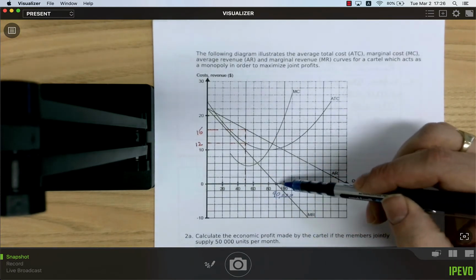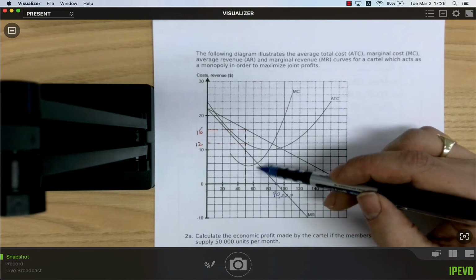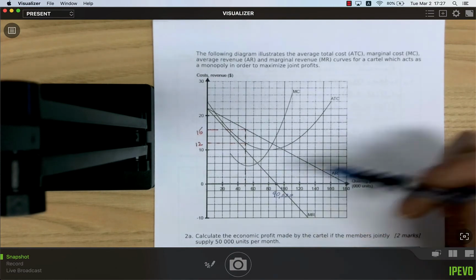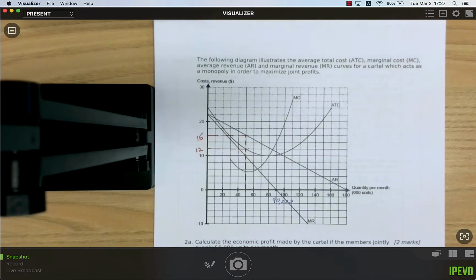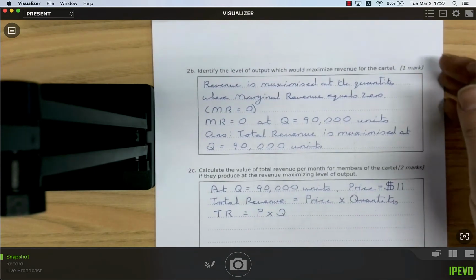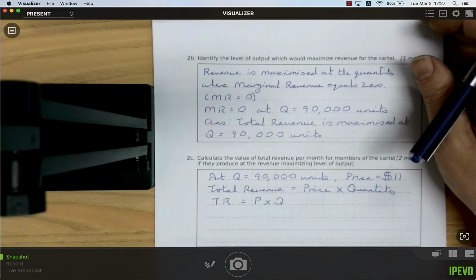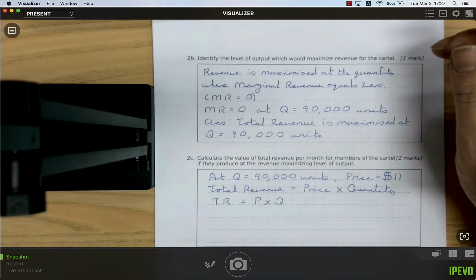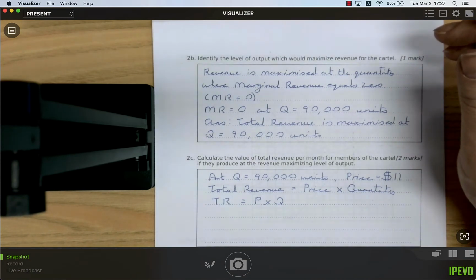Now, it's not profit maximizing, which is here, where MC equals MR, but it's revenue maximizing. And there may be reasons, like to avoid the attention of government, that they would pursue revenue maximization rather than profit maximization. So revenue is maximized at that quantity where marginal revenue equals 0. Marginal revenue equals 0 at Q equals 90,000 units.